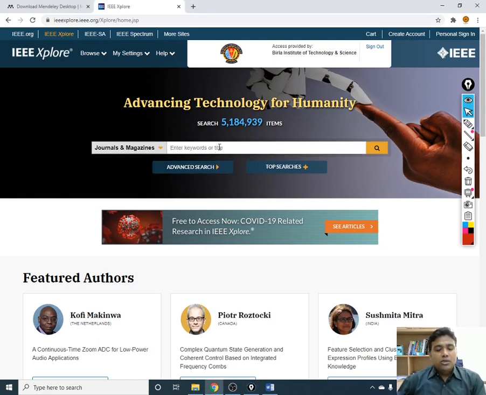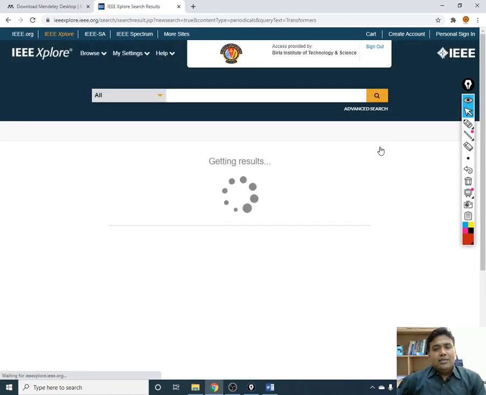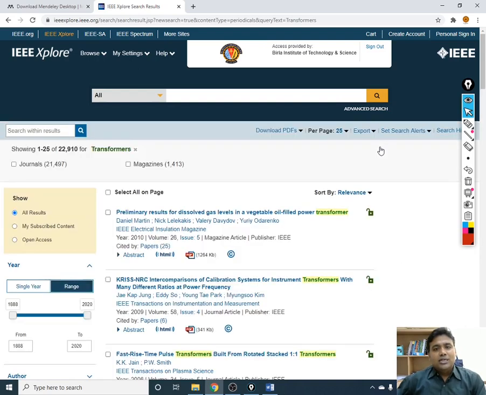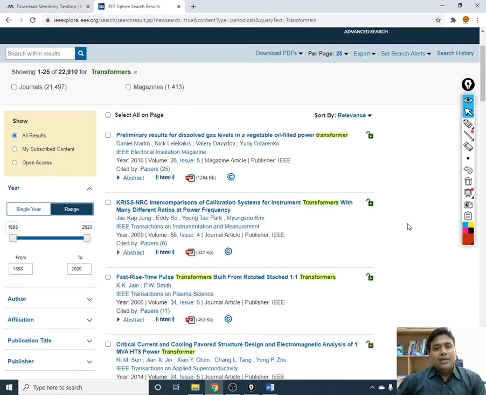Now suppose you want to do your research on transformers. Just type in transformers in the search field and search. Then your search result will give you topics on transformers for only the journals and magazines.